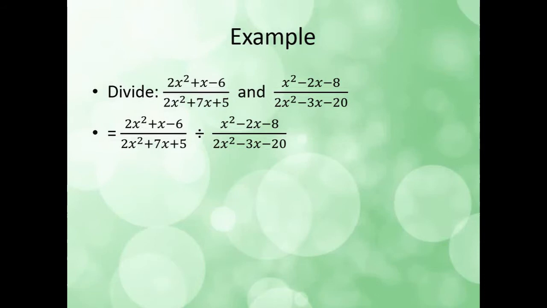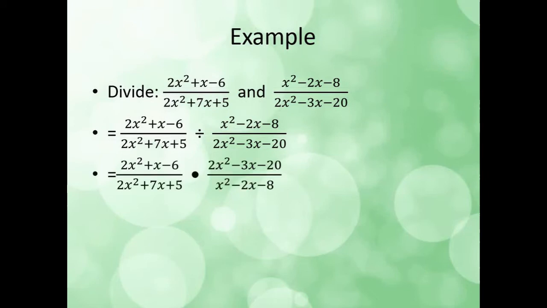So, that becomes (x squared plus x minus 6) over (2x squared plus 7x plus 5) multiplied by (2x squared minus 3x minus 20) over (x squared minus 2x minus 8).